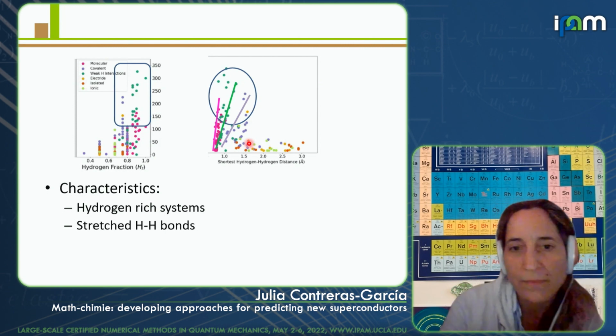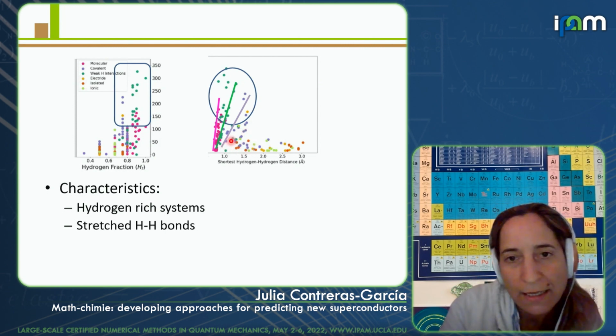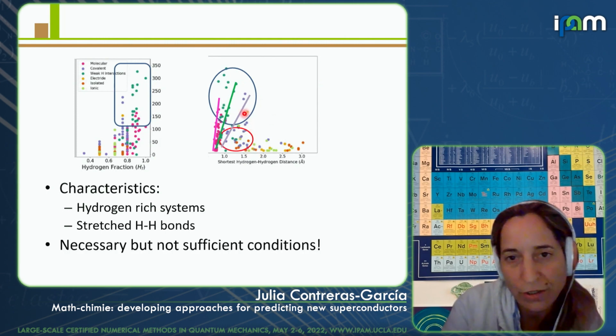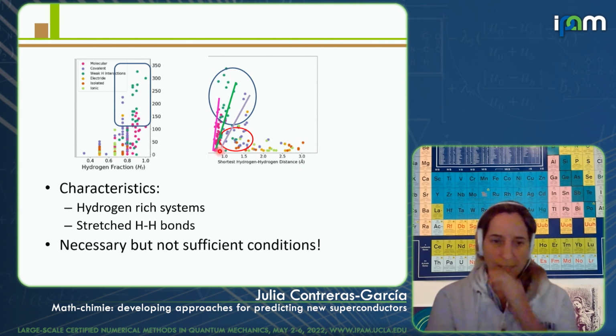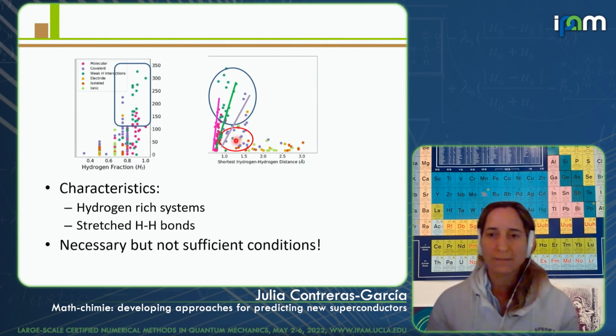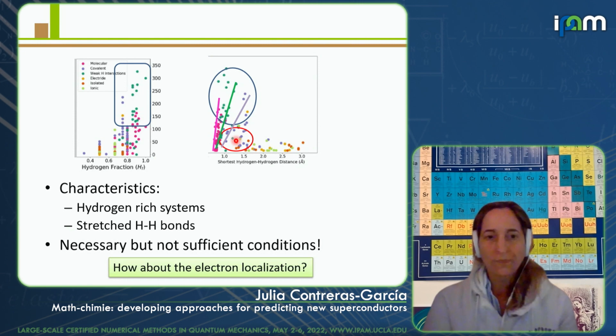Now, the problem here is that these are some of the trends, but actually we have lots of outliers over here. So that's the point where our colleagues in superconductivity contacted us, because they had necessary but not sufficient conditions. So basically they needed better correlations to actually be able to design new superconductors.